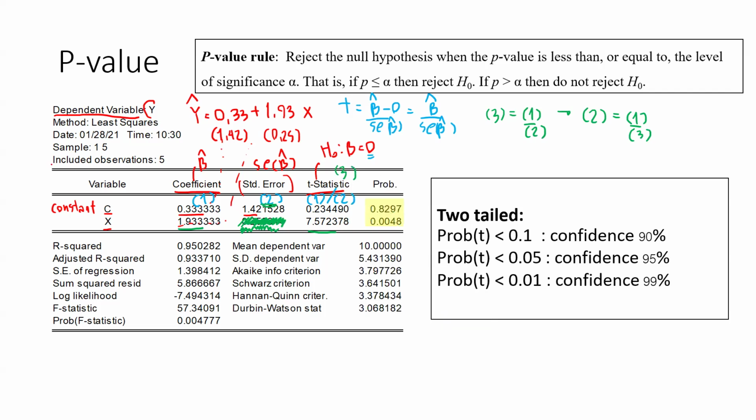Moreover, included observation, this is n, equal 5. And t stat here, normally, since they always love to use 95%. And the magic number, what is the number again? 1.96.